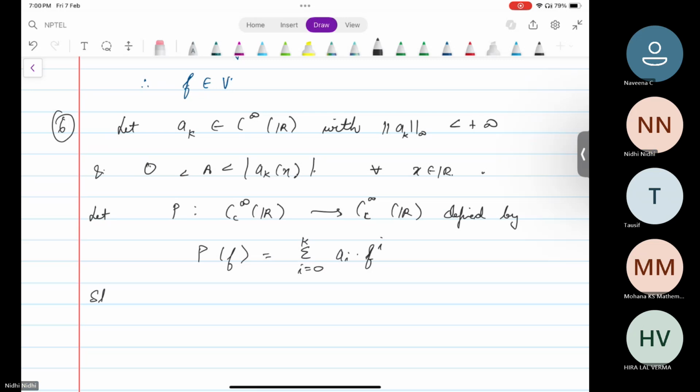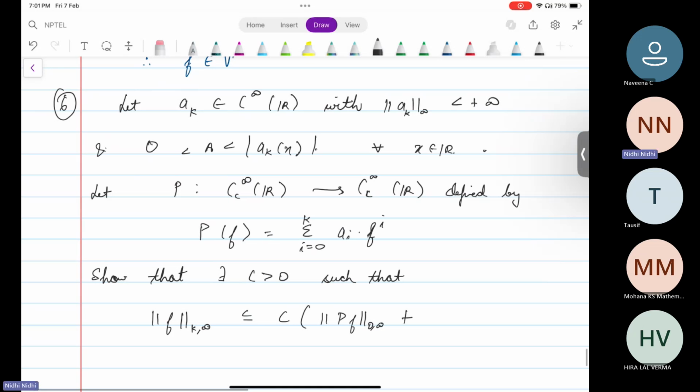Show that there exists a positive constant C such that the k infinity norm of f, where the k infinity norm is as defined in the previous question, is less than or equal to C times the 0 infinity norm of Pf plus the k minus 1 infinity norm of f. Since Pf is in Cc infinity, the 0 infinity norm is well defined on Pf.